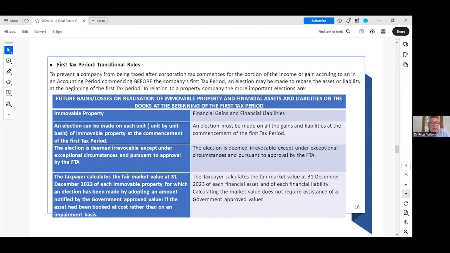So in relation to immovable property, you can make an election on each individual unit of immovable property. So if a company has 10 apartments, for example, it can elect on all of those, or it can elect on none of them, or it can elect on some of them. And it will make an election.